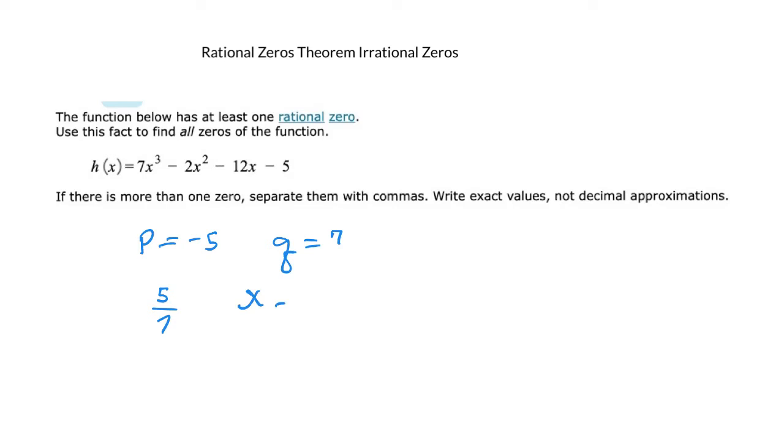So x could be all factors of 5, which are 1 and 5 in the numerator, and of 7, which are 1 and 7. And so our possible roots would be 1 over 7, 1 over 1, and then 5 over 1 and 5 over 7.